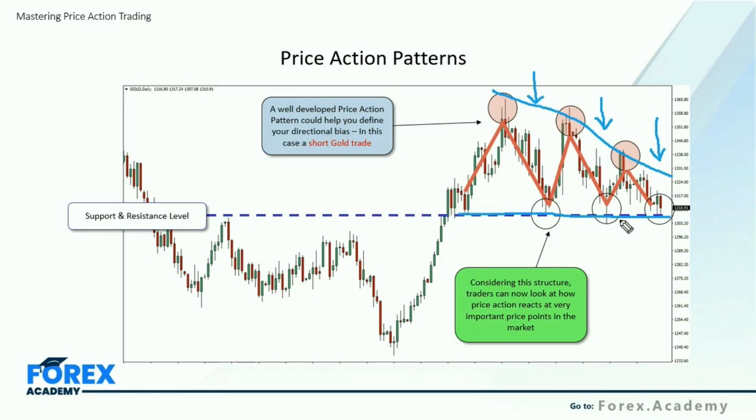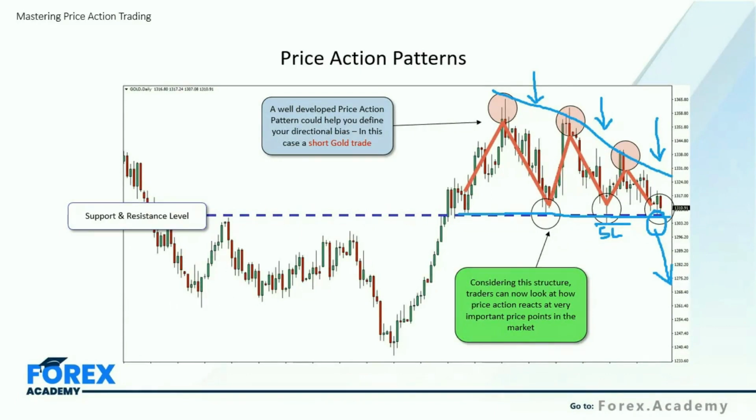So a fairly straightforward approach would be, if we get a confirmed break beneath this level of support, then that would mean a lot of these traders which are looking to buy these markets, they'd have stop losses sitting in these areas. They would turn to sell orders, and you're very likely to get an explosive breakout of this descending triangle, pushing prices lower.